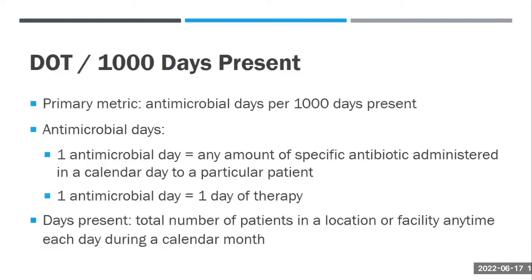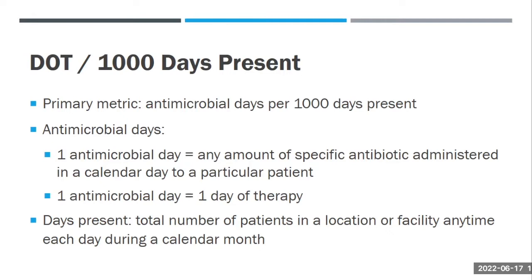This is the primary metric, looking at antimicrobial days per 1,000 days present. The way an antimicrobial day is defined is any amount of a specific antibiotic administered in a calendar day to a particular patient. So this isn't dependent on the dose of the antimicrobial used. Some historical metrics would be defined daily dose, and that's something a lot of facilities use. But you can have some bias in that.